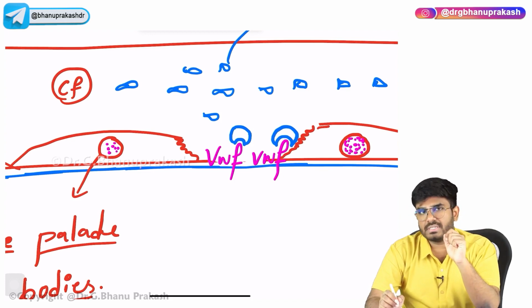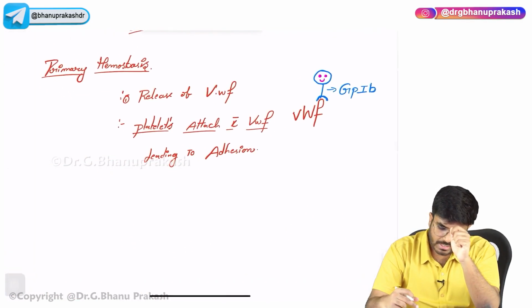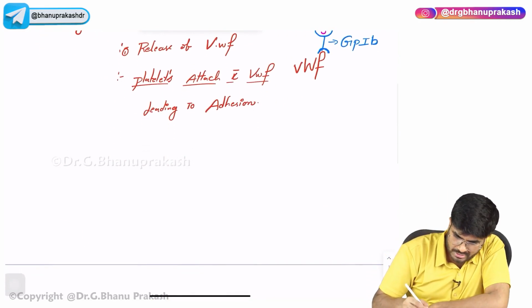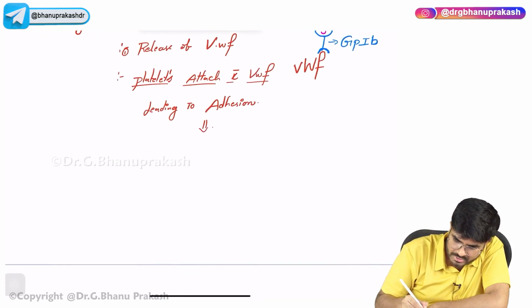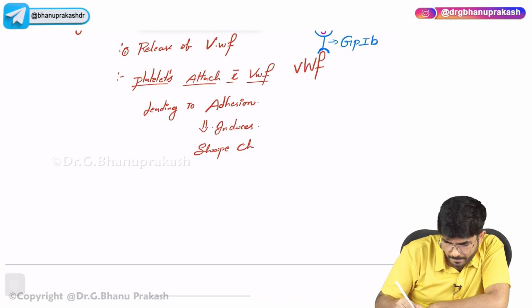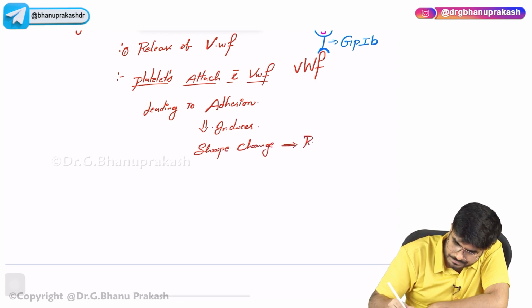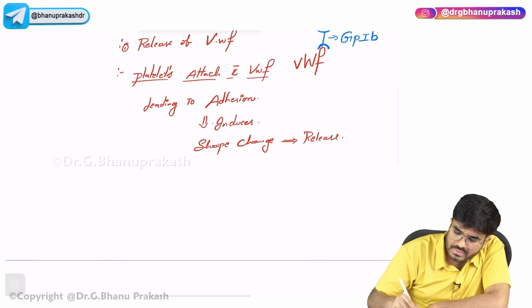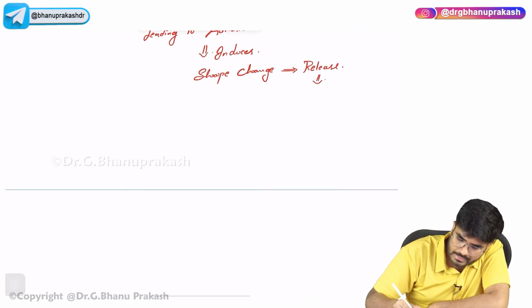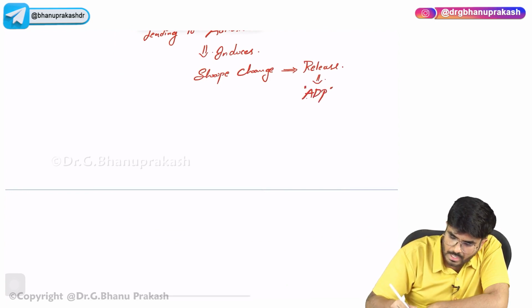So now what happens is, sir, these activated platelets, which have undergone adhesion, will undergo shape change. This adhesion induces shape change, and these platelets will release certain important substances like ADP and thromboxane A2.